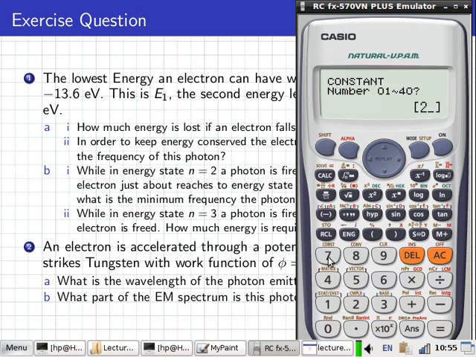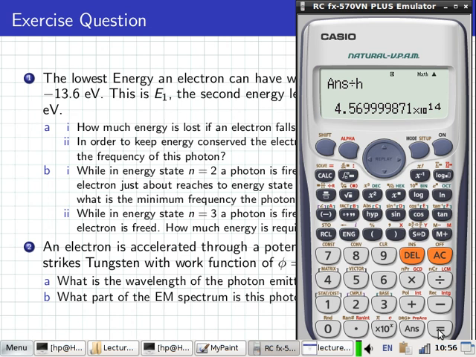In other words, I need this much energy to jump from state 2 to state 3. That comes from the photon, whose energy is hf, so simply by dividing by h, this is the frequency I need.